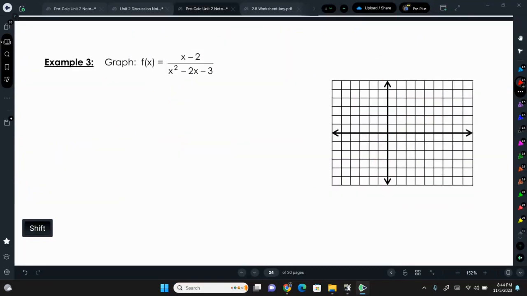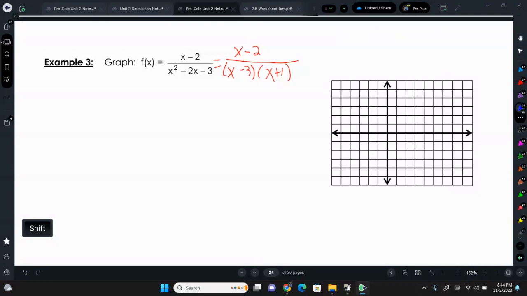All right, so example 3, let's go ahead and factor the numerator and denominator. Numerator is already factored. The denominator factors to x minus 3 times x plus 1. So unfortunately, we can't cancel anything from the numerator and denominator.